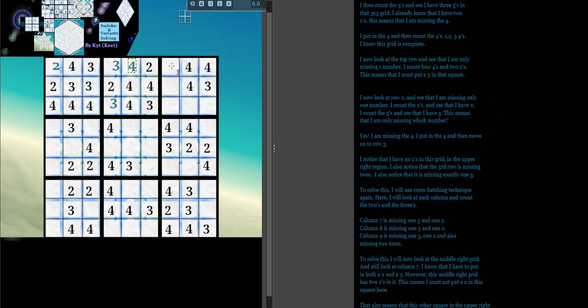I now look at the top row and see that I'm only missing one number. I count 4 4s, 2 2s. This means I must put a 3 in this square. I now look at row 2 and see that I'm missing only one number.